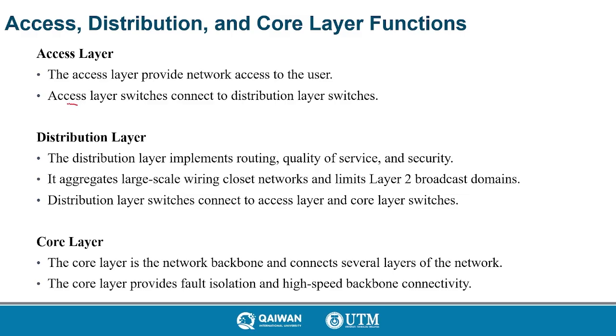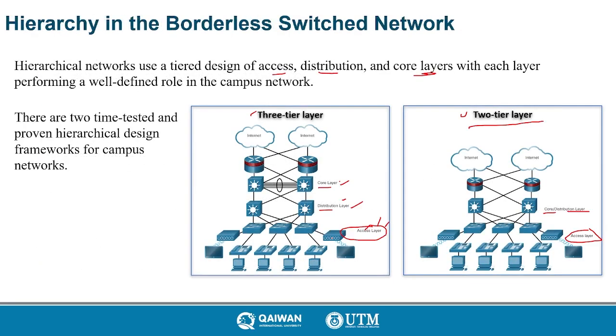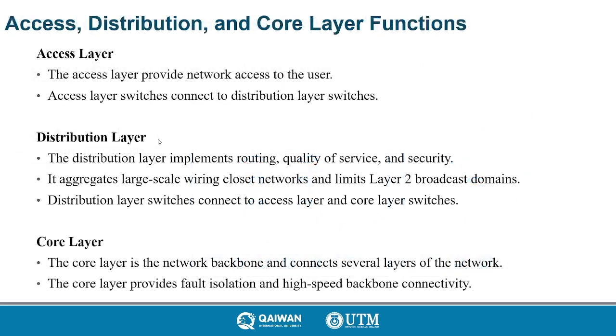And this layer, the access layer, will be connected to the distribution layer. Well, we can see it from here. Now, this is the access layer and this is the distribution layer. These two are connected, and also in here, they are the same. We know that too. Now, the distribution layer implements routing and QoS. QoS means quality of service, and security.